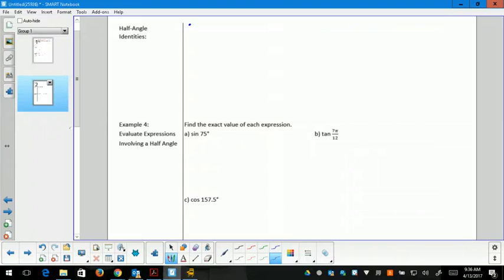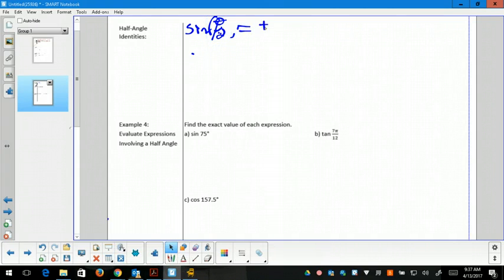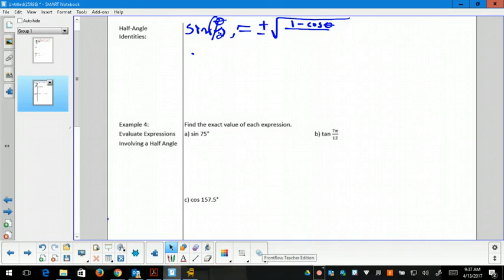So we have sine of theta over 2. Theta over 2 is equal to plus or minus the square root, and under our radical, in the numerator is 1 minus cosine theta, and the denominator is 2.